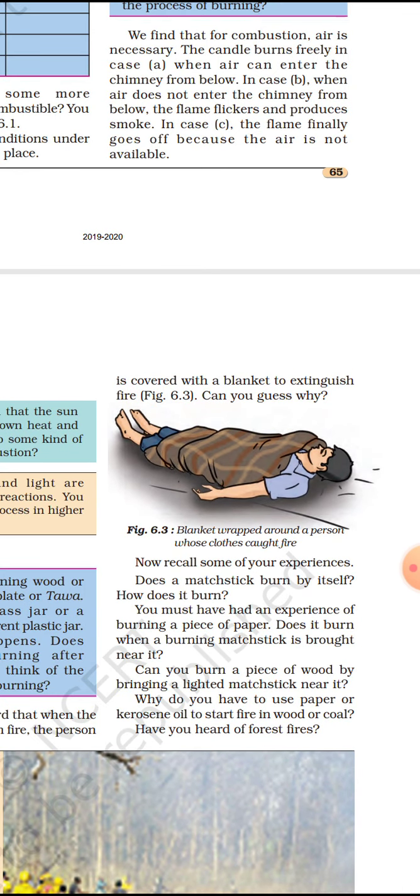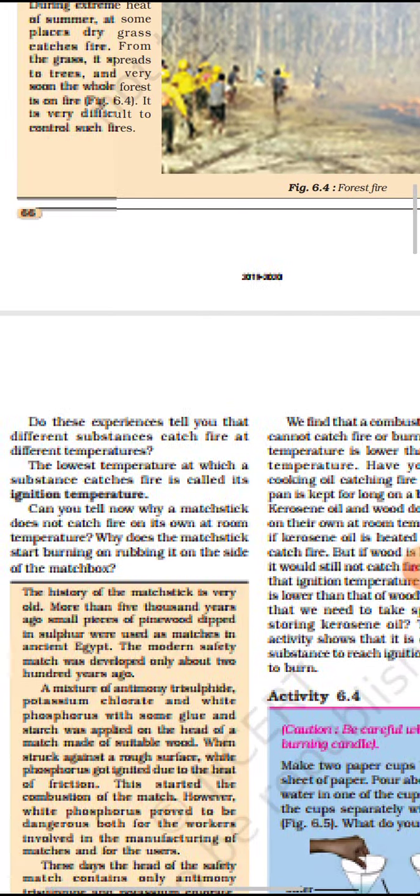You know that a matchstick burns by itself. How does it burn? You must have experience of burning a piece of paper. Does it burn when a burning matchstick is brought near it? Can you burn a piece of wood like a piece of paper? No. Because paper needs only a lower temperature, but wood needs more temperature to burn.